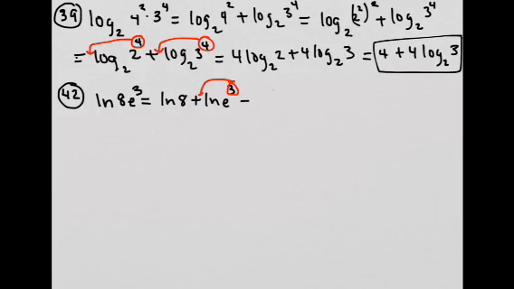So this equals natural log of 8 plus 3 natural log of e. And natural log of e here is 1, because the base is e right here, right? So this is 1. So 3 times 1 is 3. So this becomes natural log of 8 plus 3.